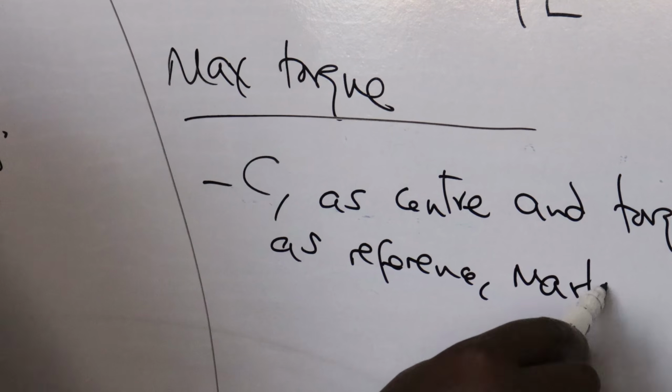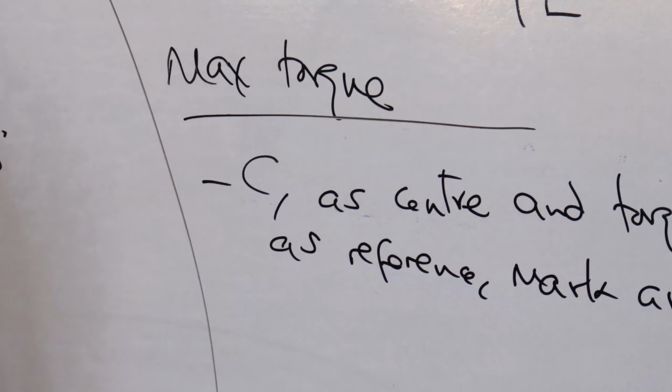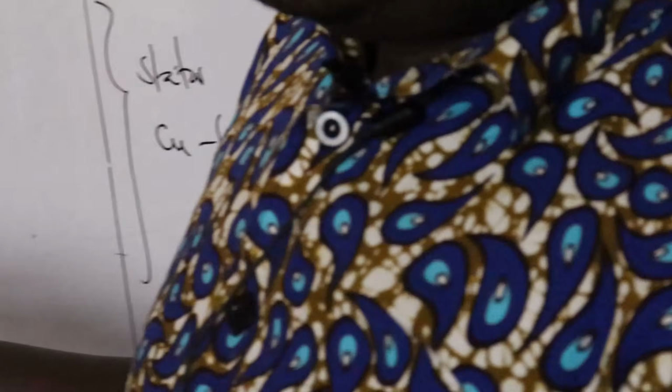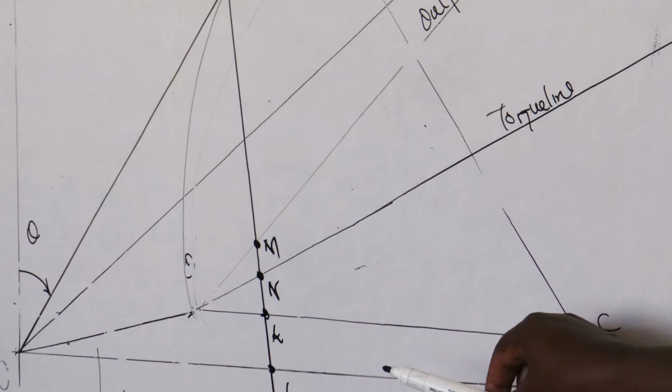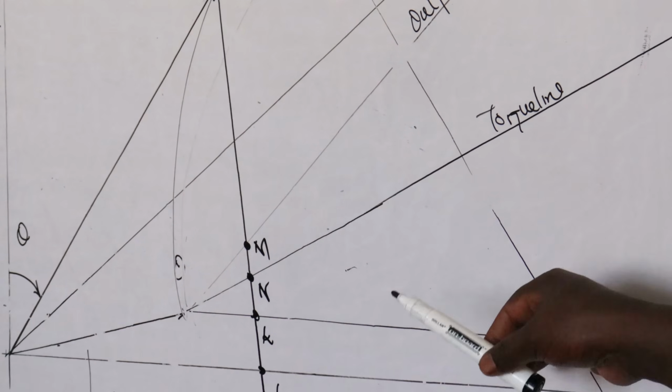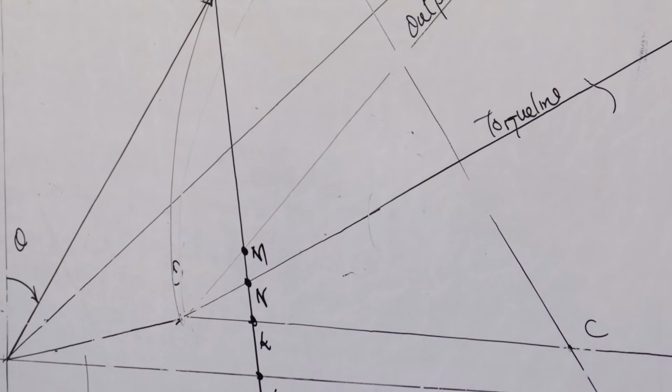Mark an arc. This is what you do. C as the center. While you are standing at C, this is maximum torque. Mark an arc on torque line and another arc.